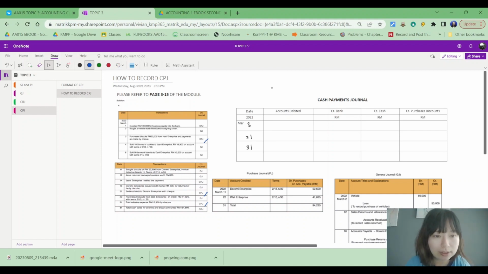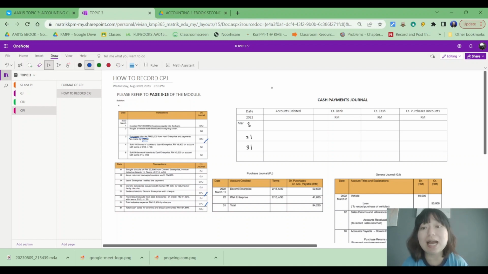So that's the keywords that I would underline. Okay, and yes, we purchased the merchandise from Honey Enterprise. And also the payment was done by using check. So we didn't use any cash. We just use check instead.